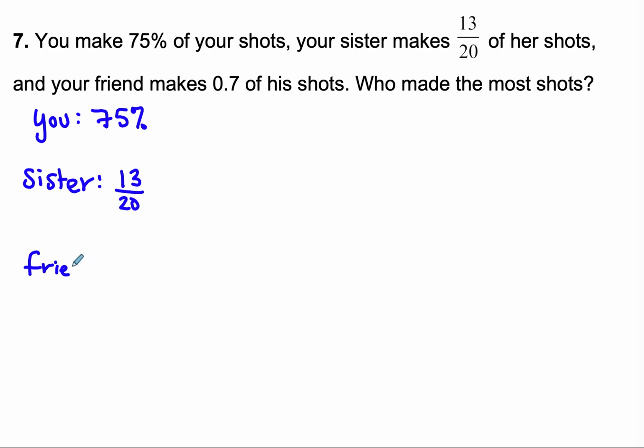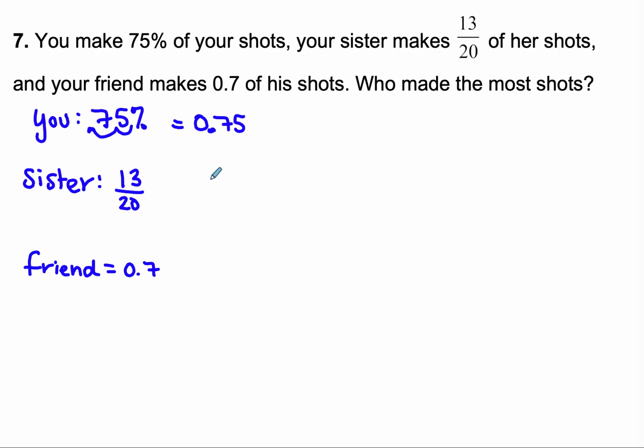Friend, 7/10. Okay, so I said I'm going to make them all decimals this time. Doesn't really matter. Okay, so that would give me 75 hundredths.